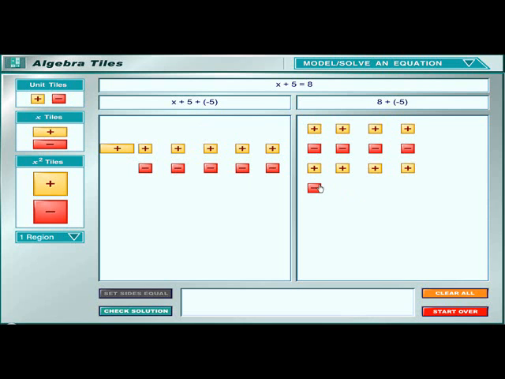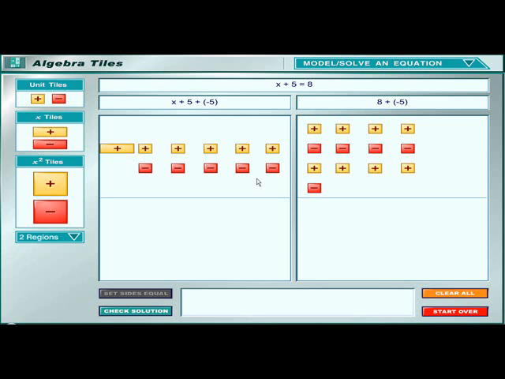As a suggestion, you may not want to do this, but I have found that this helps organize your work better. To better organize your work, go over to the region selection box and select 2 regions. When you do that, it splits each side of the mat into 2 regions.